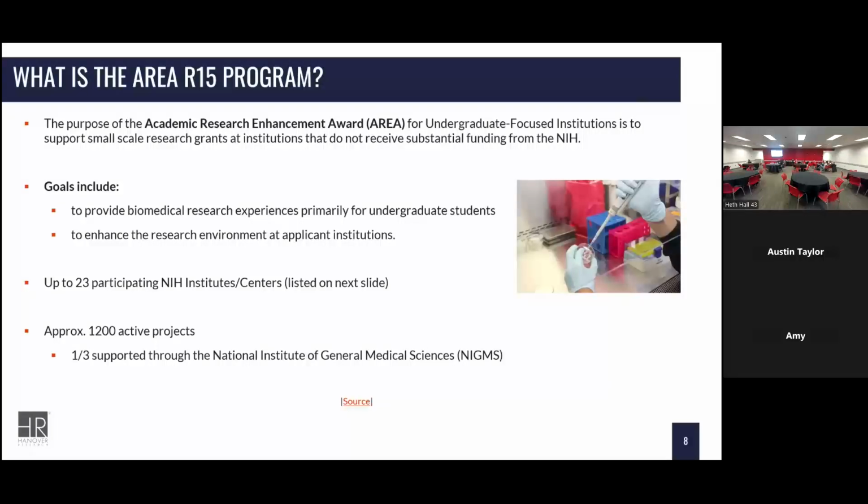So we're going to begin by talking about the Academic Research Enhancement Award, so AREA, which is an award issued by the NIH via the R15 mechanism. There are two types of R15. This one is going to be highlighted because its primary focus is on promoting research at undergraduate focused institutions, which I think Radnor qualifies.